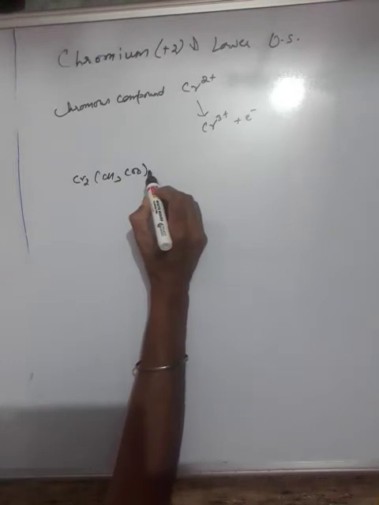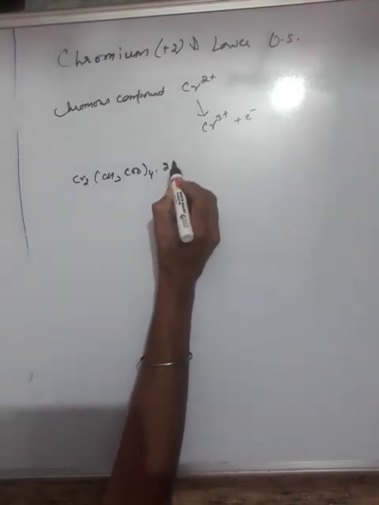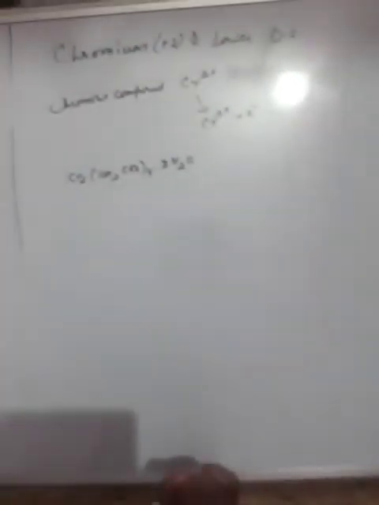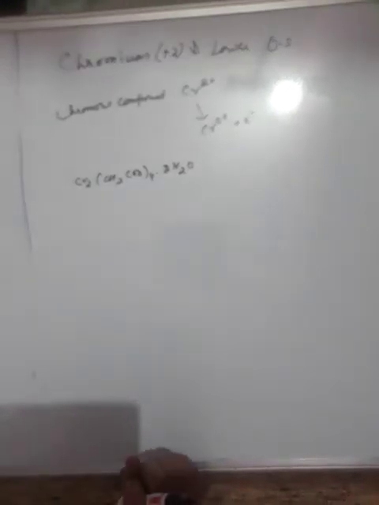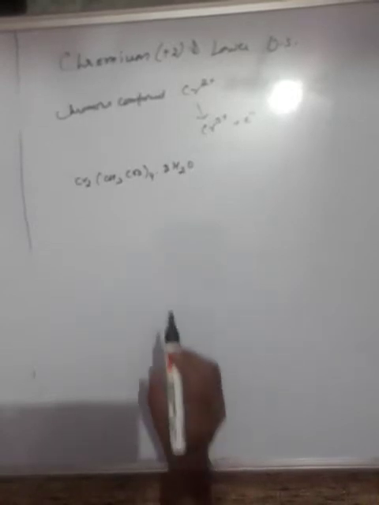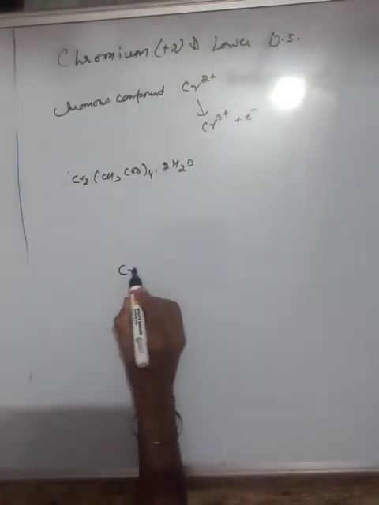Now this is your hydrated acetate of chromium. This is the most common example of the plus 2 oxidation state of chromium. Now this compound is a red colored crystalline compound, and when we discuss the structure of this compound, it is a dimeric bridged structure.